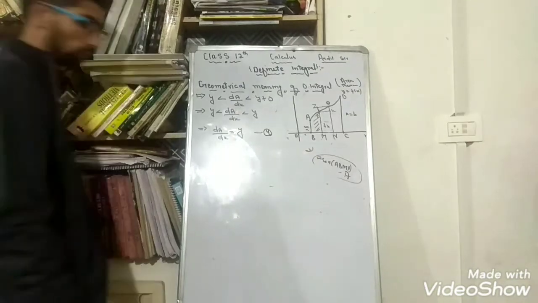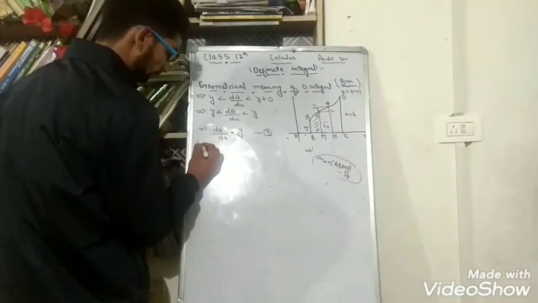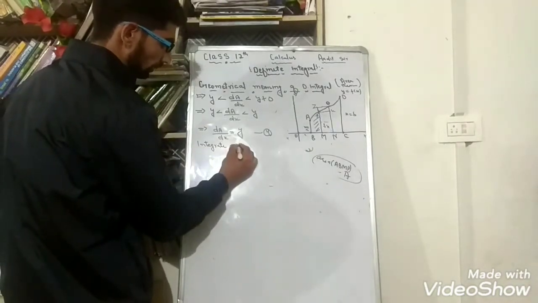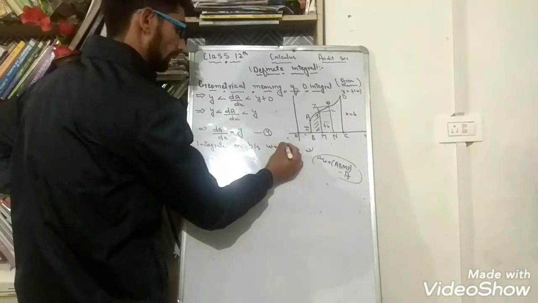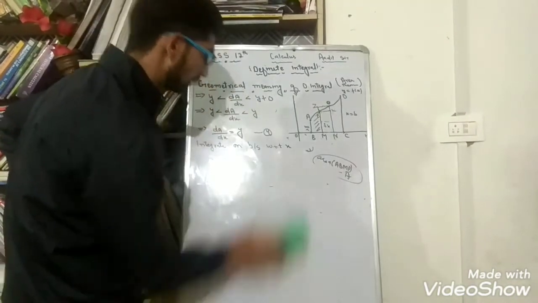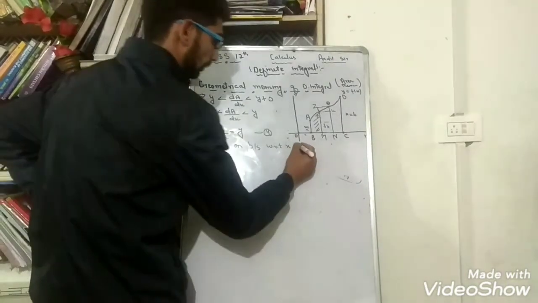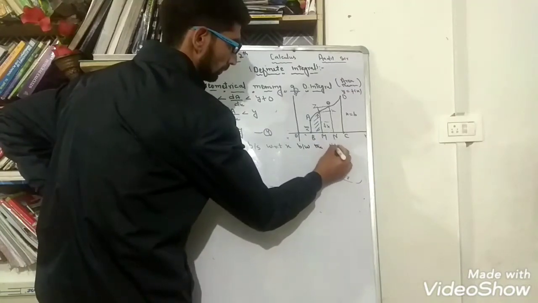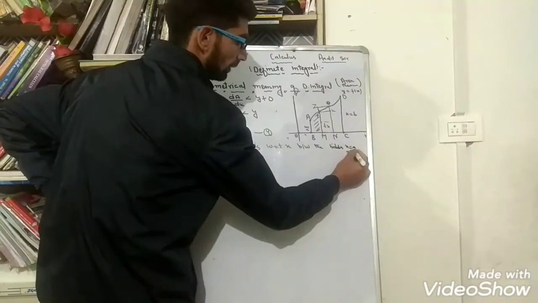Now I will integrate on both sides of this equation with respect to x, but between the bounds, that is, x is equal to a to x is equal to b.